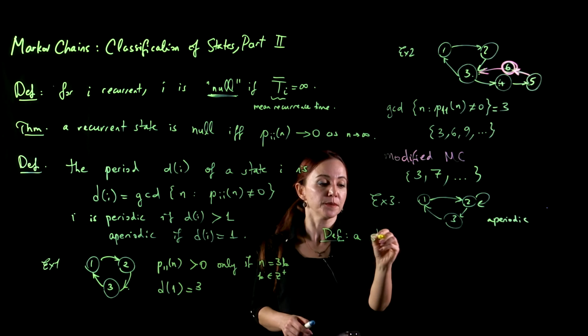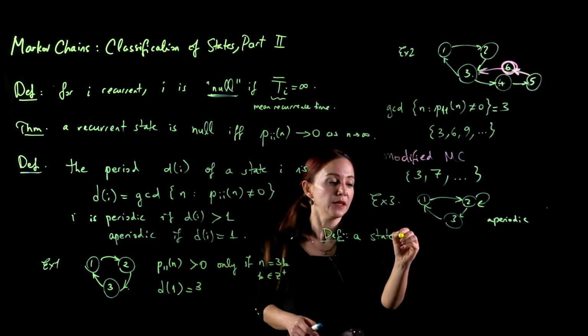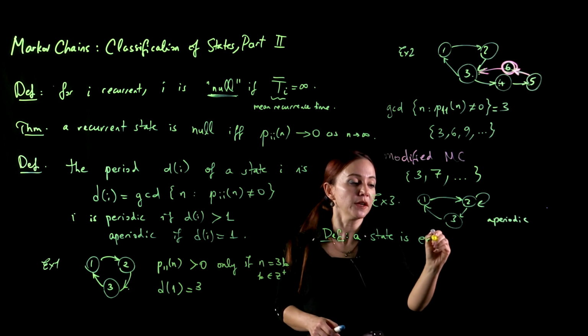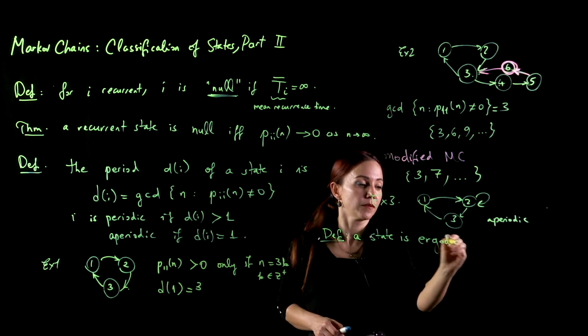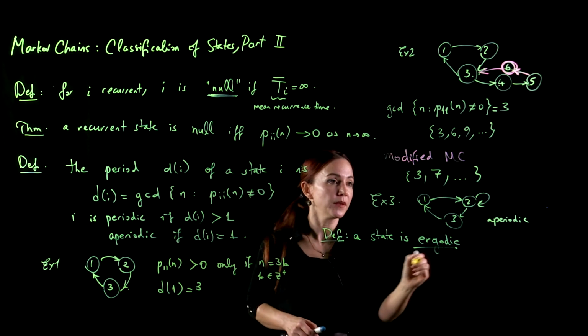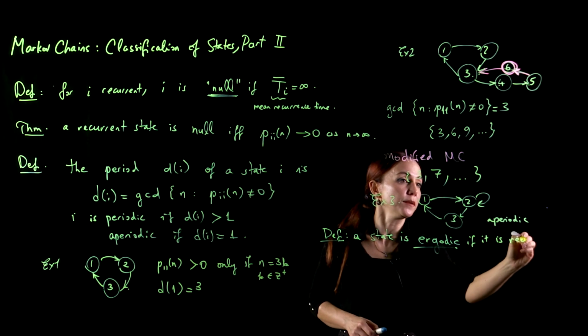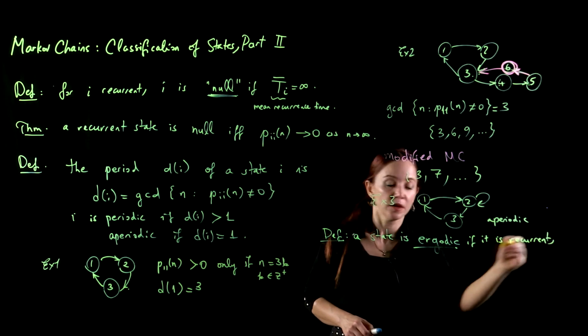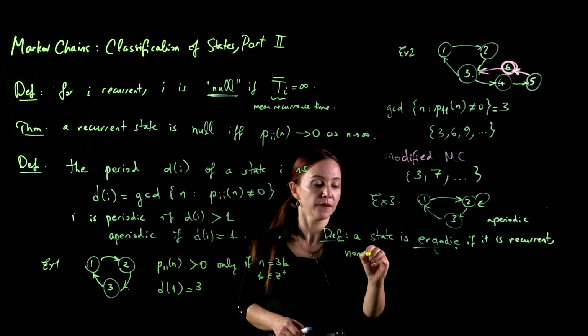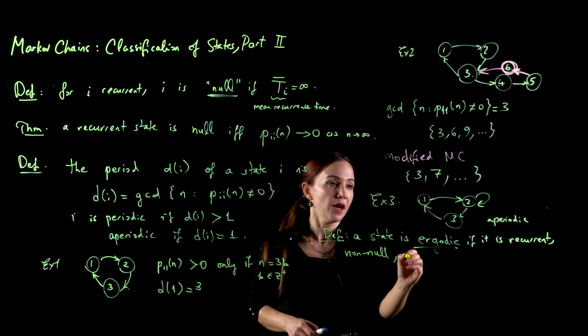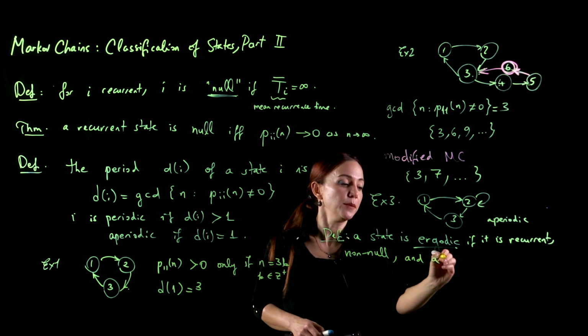A state is called ergodic if it is recurrent, non-null, and aperiodic.